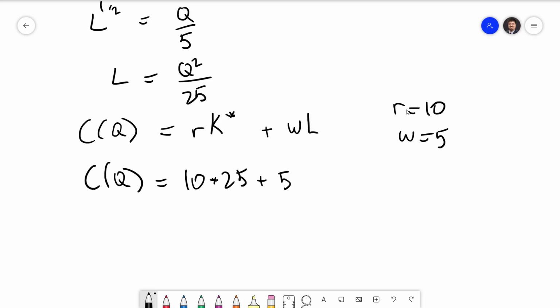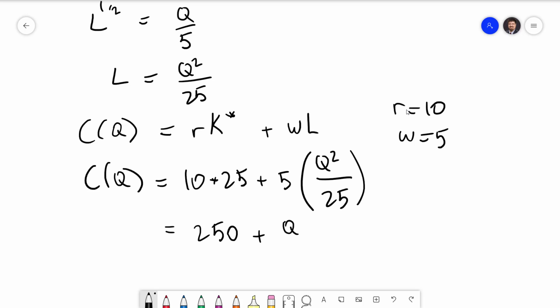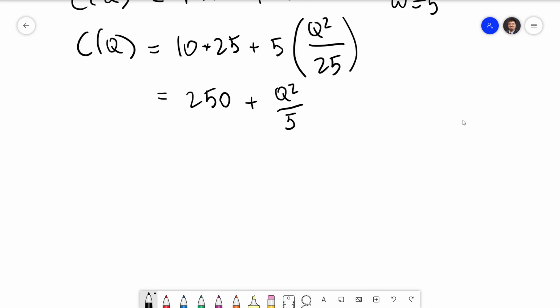W is 5, and L, we are going to plug in the L that we solved for before, Q squared over 25. This is going to come out to 250 plus Q squared over 5. Thinking about this equation a little bit more, fixed cost is the part that does not depend on Q, so that's this part right here, and the variable cost is the part that does depend on Q.